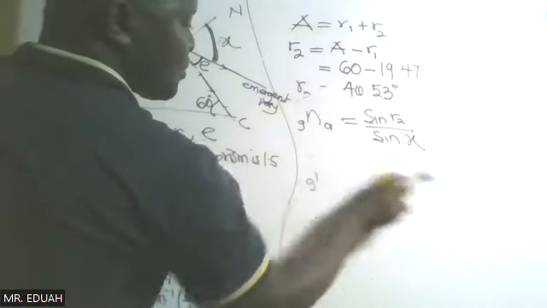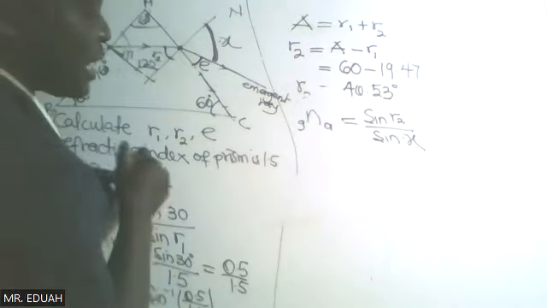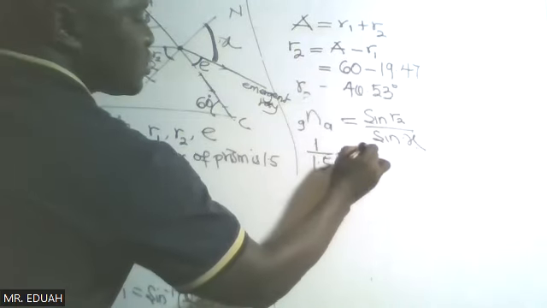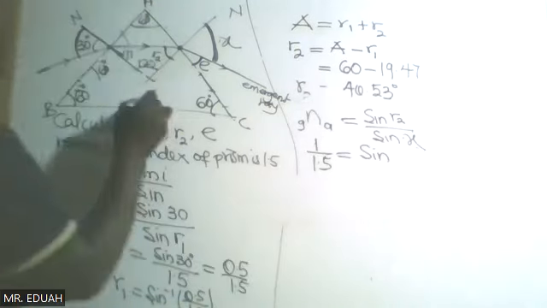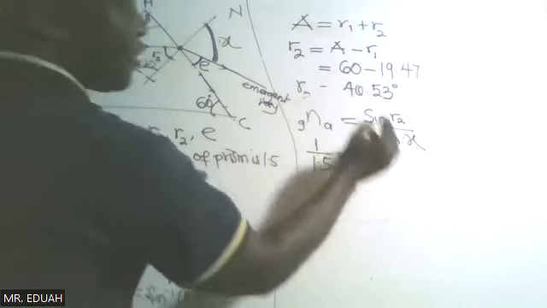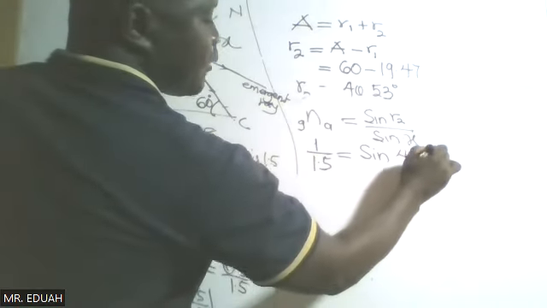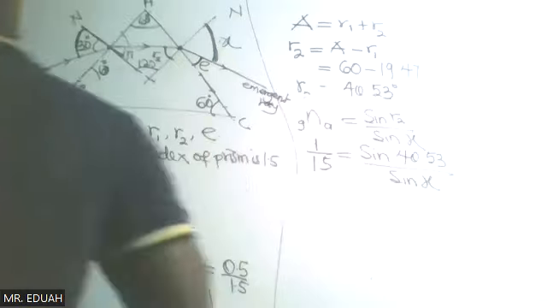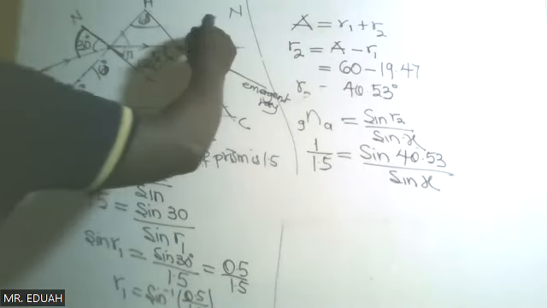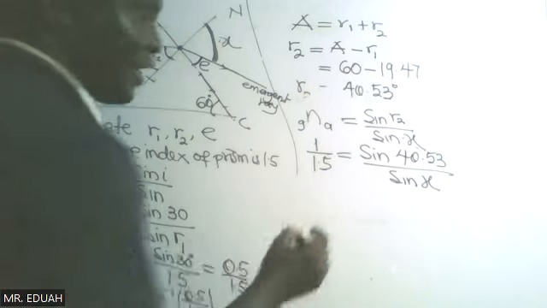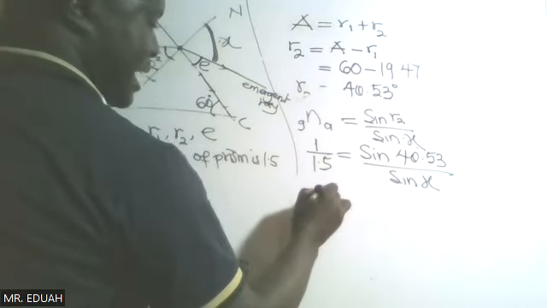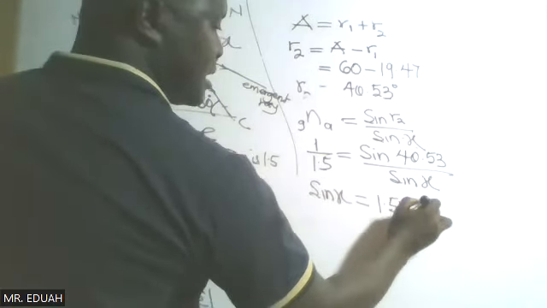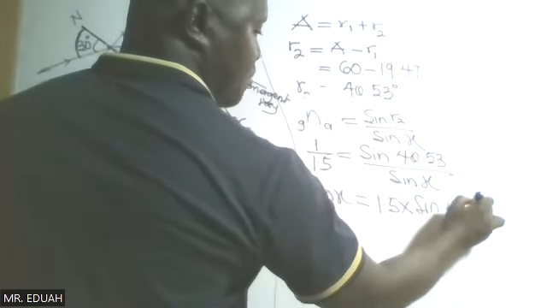So the refractive index from glass to air, 1 over 1.5, is equal to sine of R2, which we found is 40.53, over sine of X. X is our angle of emergence. So let's quickly find X. When we make sine X the subject, we have 1.5 times sine of 40.53.